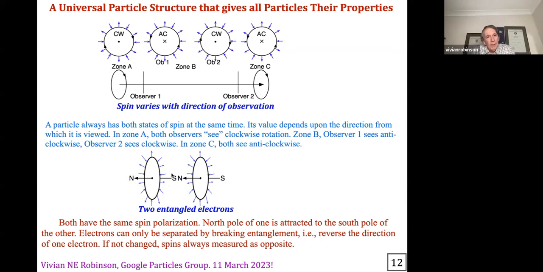That turns the whole half h-bar, goes from plus half h-bar to minus half h-bar, and that's the only way you'll break the entanglement. Then you can let them go off as far as you like. As long as you don't change the spins, if they are entangled, they'll always be measured as having opposing spins.